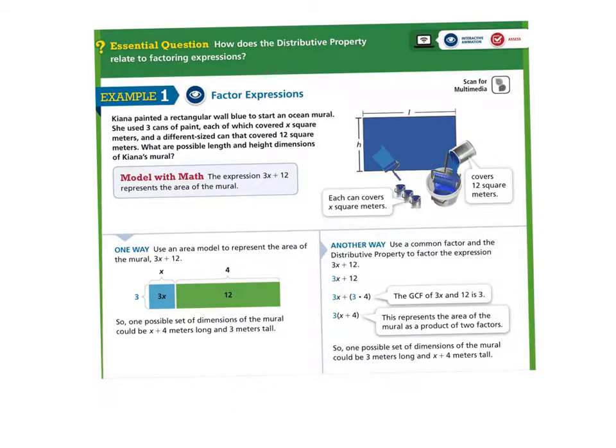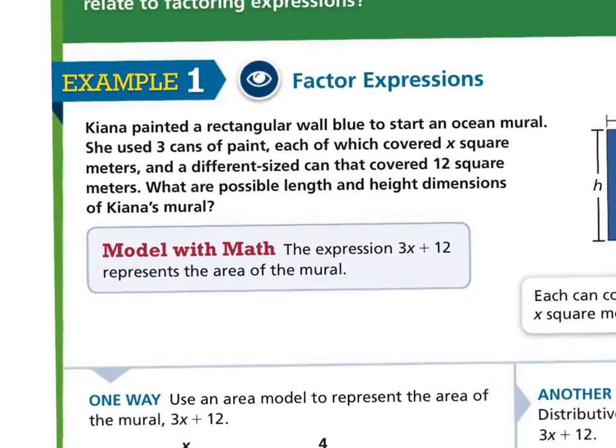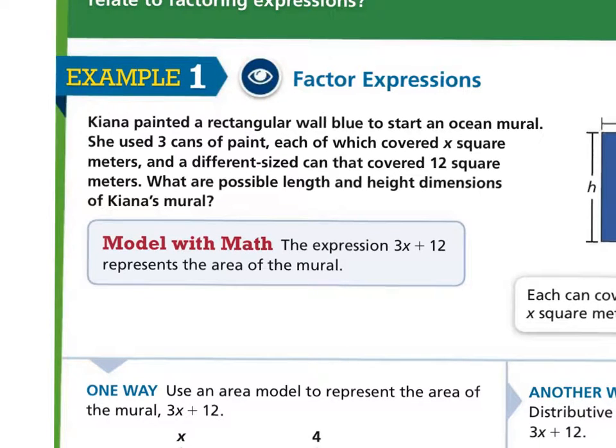So if you look at example 1, Kiana painted a rectangular wall blue to start an ocean mural. She used 3 cans of paint, each of which covered X square meters, and a different size can that covered 12 square meters. What are possible length and height dimensions of Kiana's mural?